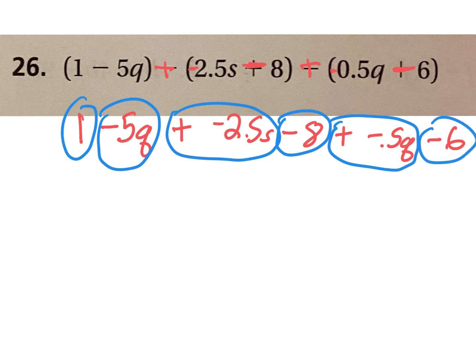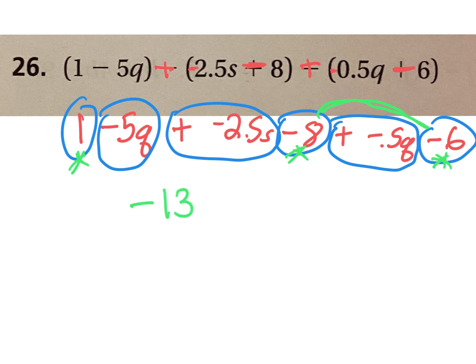And with the green, I'm going to mark all my constants. That's a constant, that's a constant, and that's a constant. So I'm going to put 1 plus negative 8 plus negative 6. Well, I know if I add these two together, negative 8 plus negative 6 is a negative 14. And then if I add 1 to that, it's a minus 13.